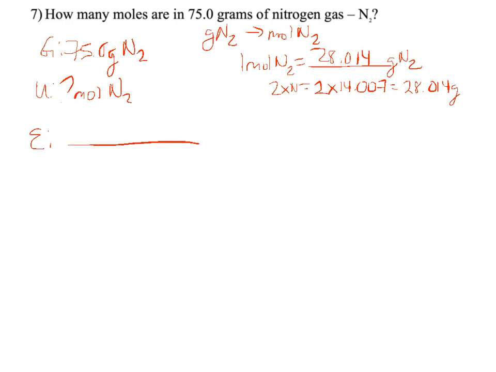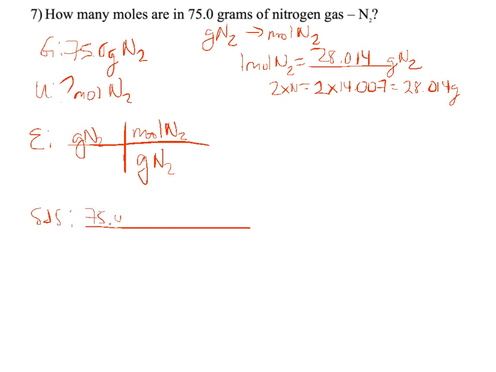And now we can do our equation. So we're given grams of nitrogen. We're trying to get into moles of nitrogen, the same substance, which means we need grams of nitrogen on bottom to cancel it out. And then we just put in our numbers. We're given 75.0 grams of nitrogen, and our equivalent statement up here, 1 mole is 28.014 grams, is then what we put in these spaces here.